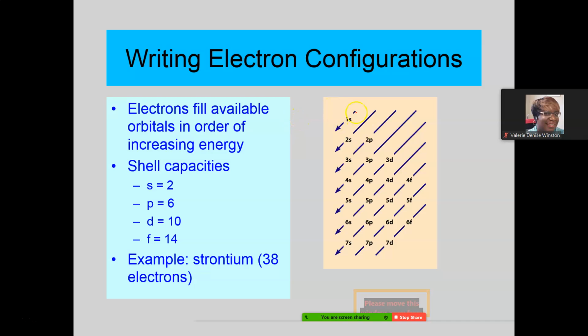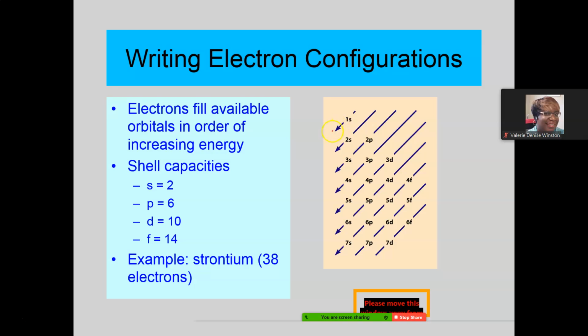Okay, you start up here, and in that first n equals 1, you have 1s. The 1 is the principal quantum number. s is your angular momentum quantum number, though it's not a number. So you have 1s, so you fill up 2 electrons there.